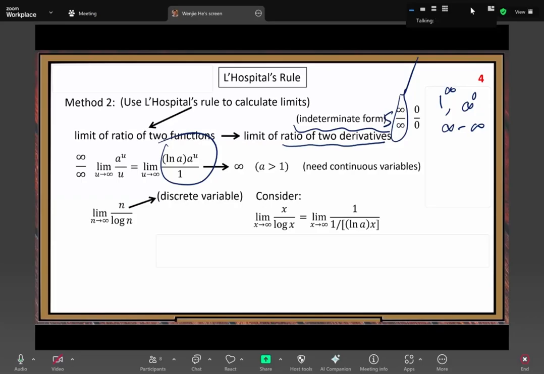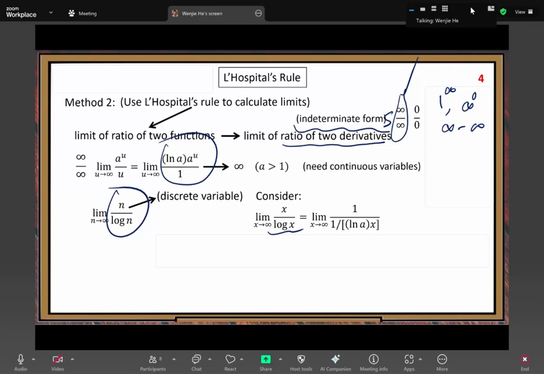Then, when we work with the continuous variable, we can apply L'Hopital's rule, because their derivatives are well defined. If we use their derivatives, no problem. But if you take derivatives of the discrete-variable functions, you have a problem. Not rigorous.